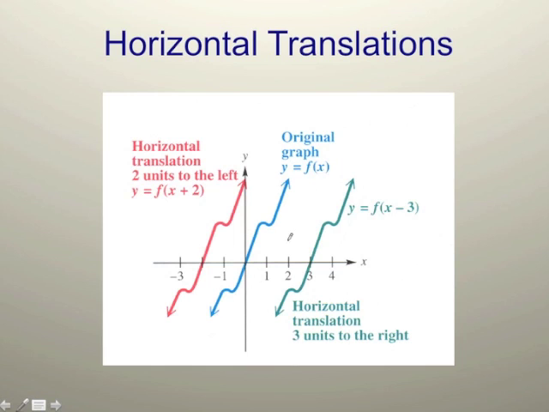Notice if the basic function is this blue one, when we subtracted 3 from the x, it moved it 3 places to the right. When we added 2 to the x, it moved it 2 places to the left. So adding to the x moves it to the left. Subtracting from the x moves it to the right.